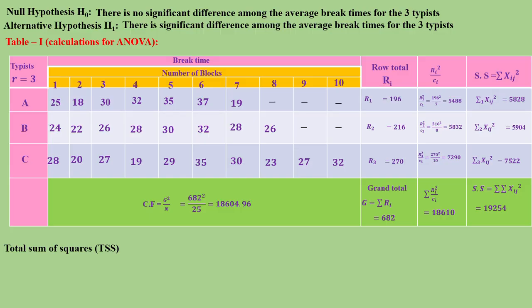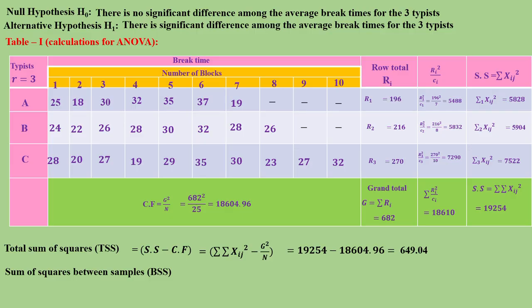Because the correction is there, you have to subtract that correction CF. So total sum of squares TSS is equal to SS minus CF, that is 19254 minus 18604.96, so 649.04.